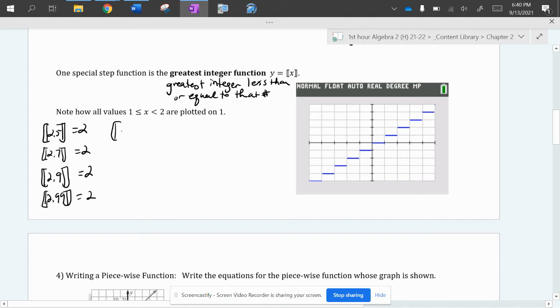But as soon as we get to the greatest integer of 3, then it jumps up to 3. So we can see on the graph that the greatest integer of anything in between 2 and 3 would be 2. But as soon as we get to 3, the greatest integer of 3 is 3. So what we have is a step function going on forever, where there are jumps at every single integer.